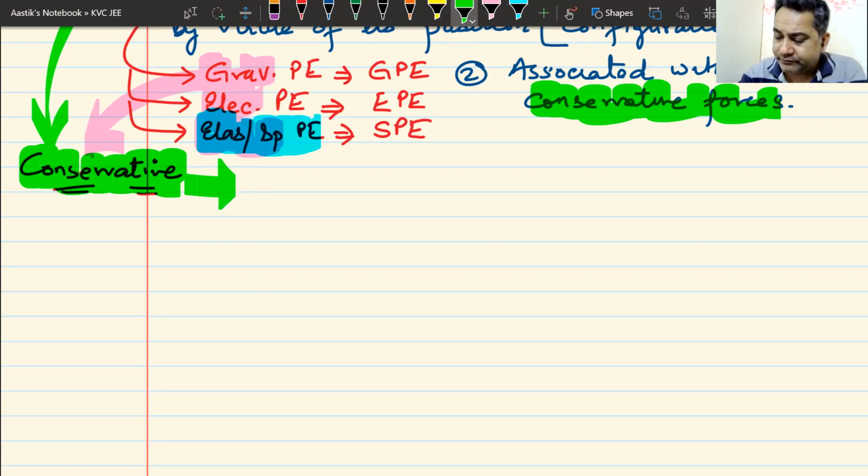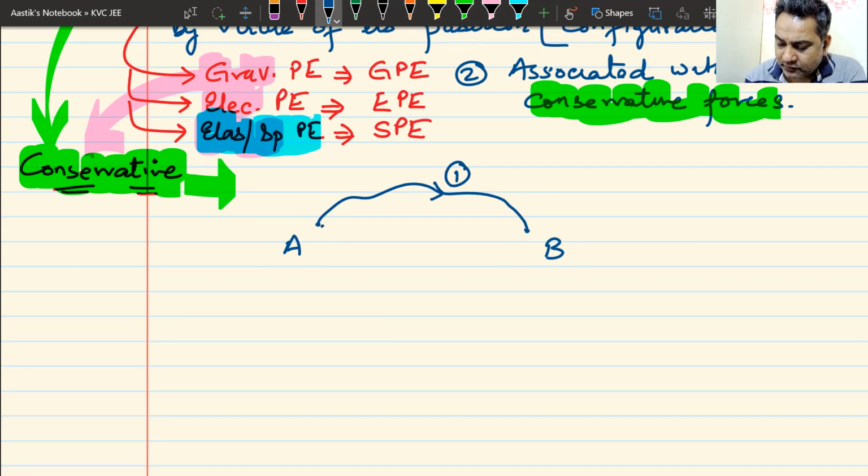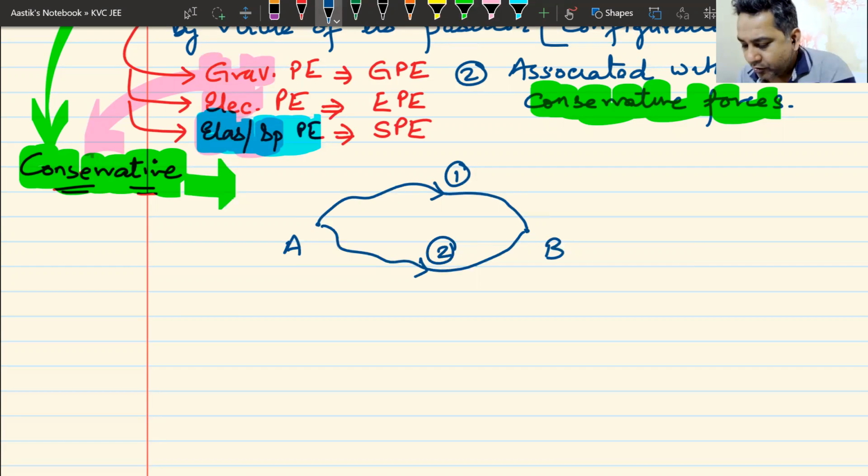Go from A to B. I go from path 1, the upper path, or I go from A to B in path number 2, work done is same. So what has it got to do with potential energy?